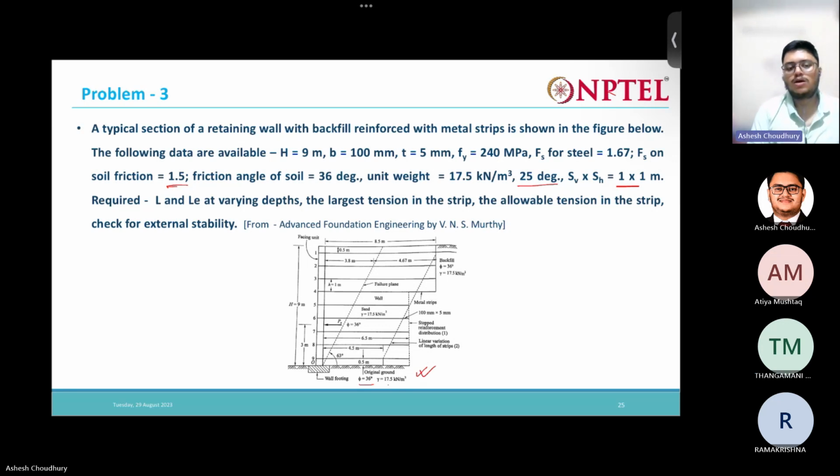You can calculate the vertical loads and then solve. If you remember the first problem we solved, the vertical load calculation was very simplified. But if you remember the solution that was done in the class, how it was taught, it was a little bit different, right? So you all solve using that method only.